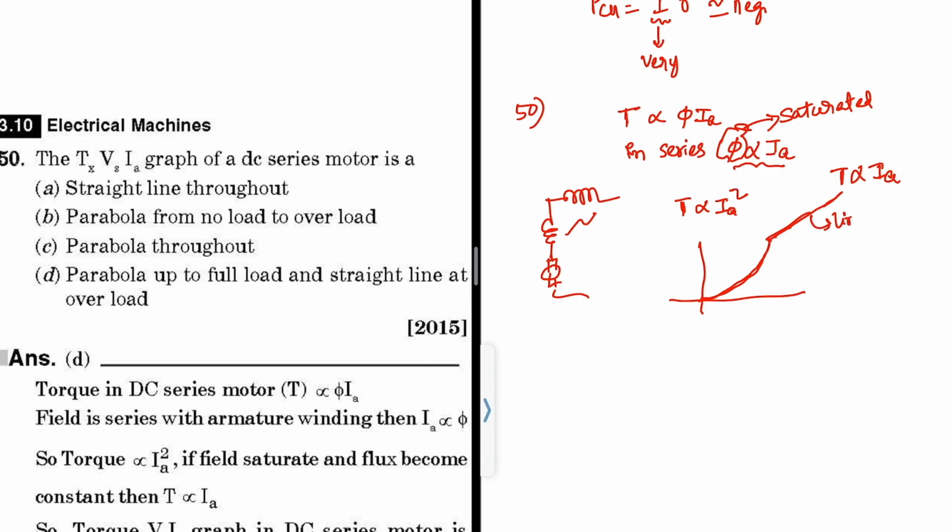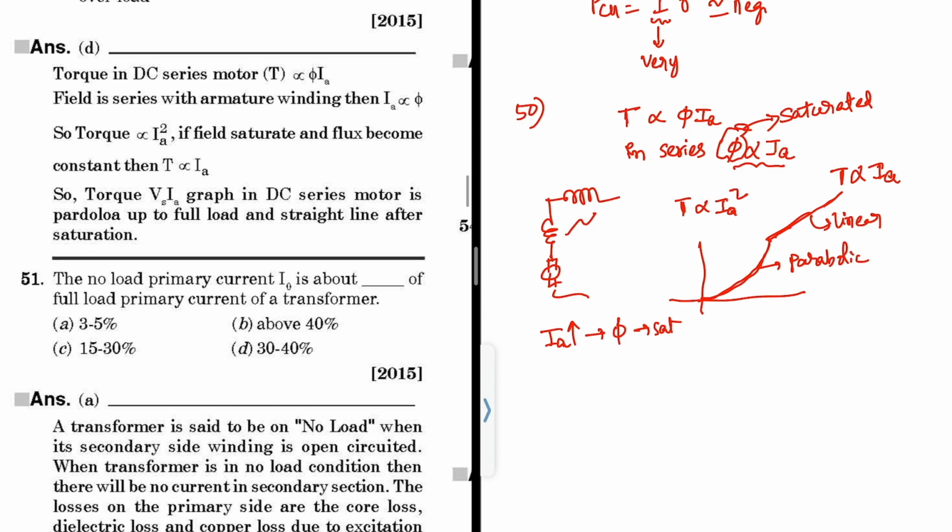This is the linear and this is the parabolic path. So the answer will be parabola up to full load and straight line at overload, because at higher armature currents, flux will be saturated. So the answer will be B.